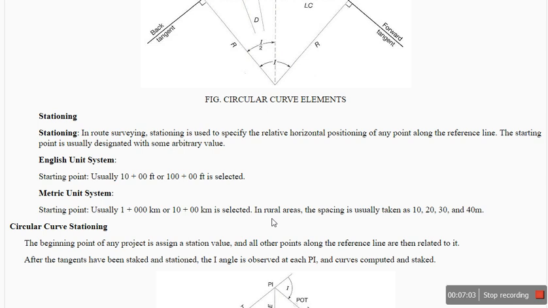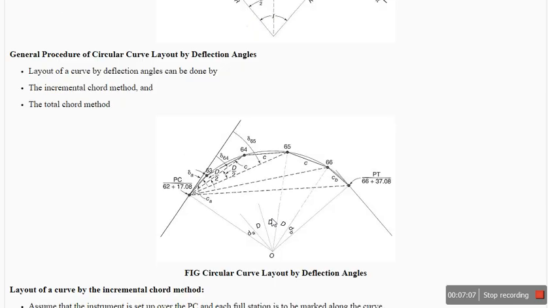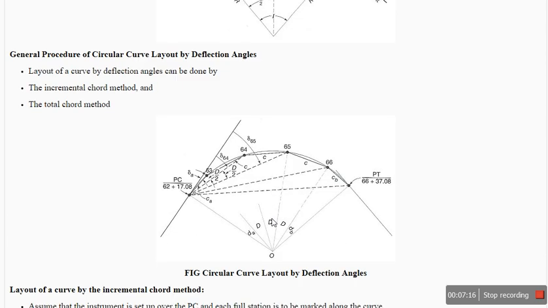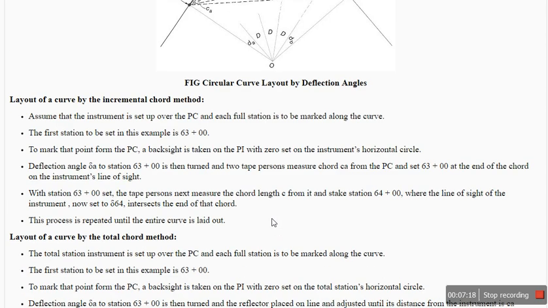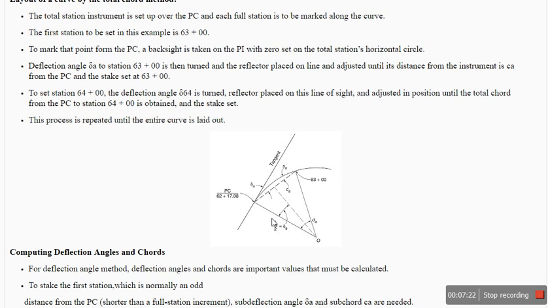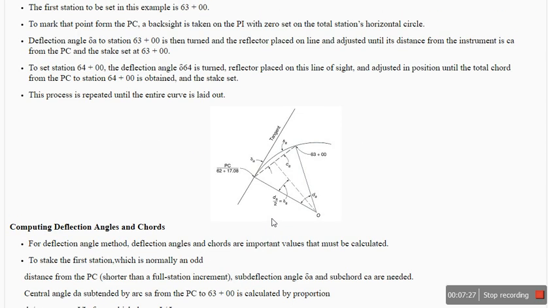So if you want to mark the curve on the ground, we have many types where you can use a chain, and also you can use the theodolite. In detail we will discuss in the next video, or else if I discuss it in this video also, it takes a lot of time.